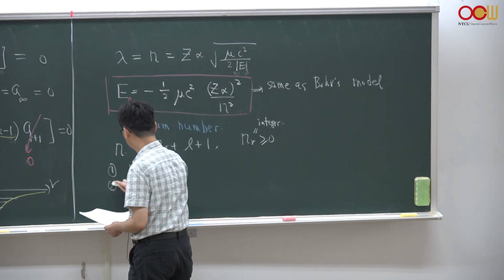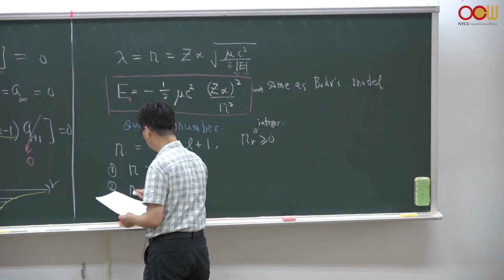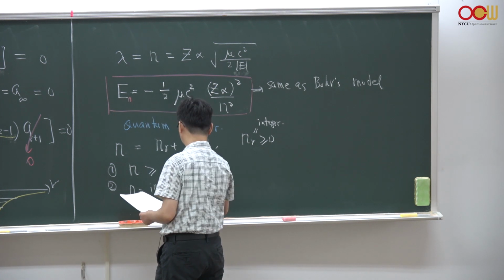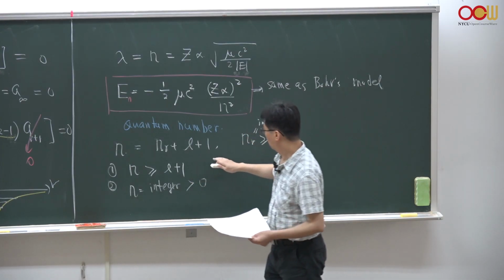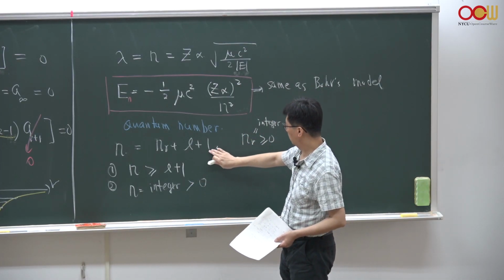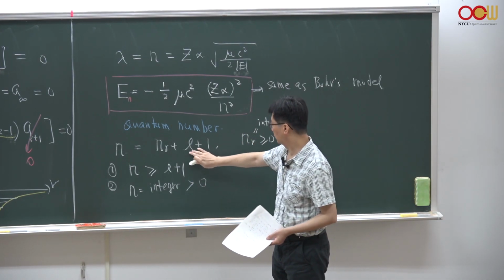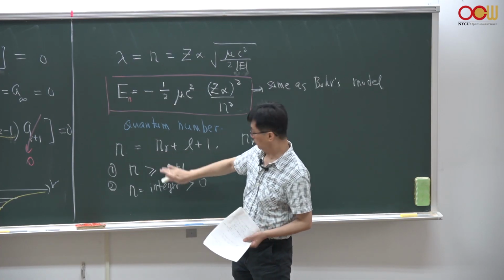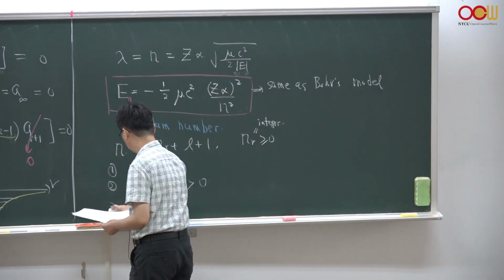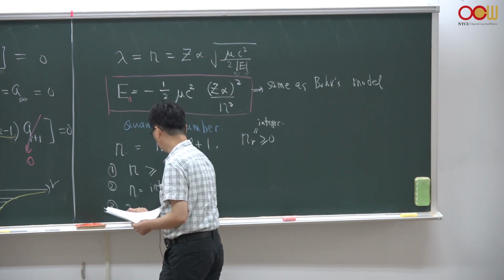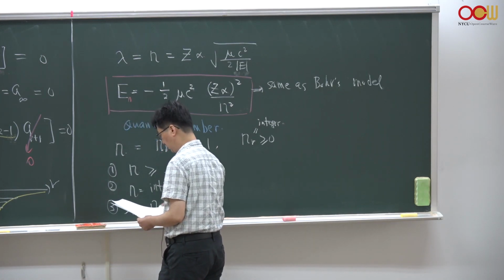And number 2, as we already mentioned, n is a positive integer, because n takes the minimum value of 1. Suppose L is 0 and n r is 0, this principal quantum number takes a minimum value of 1. Number 3, lambda is the same as n.